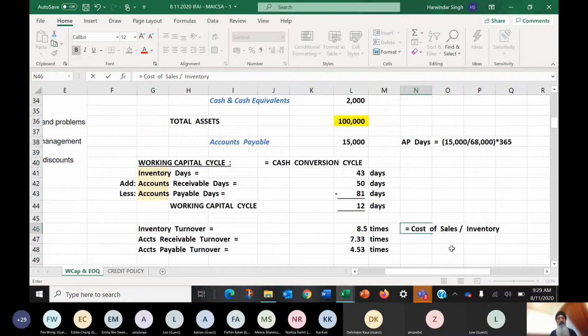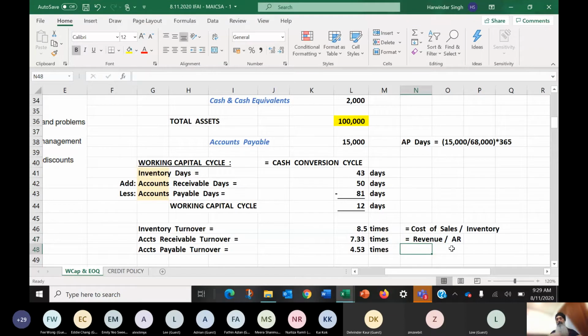Now sometimes, depending on the question, you may need to do revenue divided by inventory. If the examiner wants you to use revenue divided by inventory, then they won't give you cost of sales. But if they give you cost of sales, then this is how you do this. Your accounts receivable turnover will be simply revenue or sales, depending on what they call it, divided by AR, number of times.